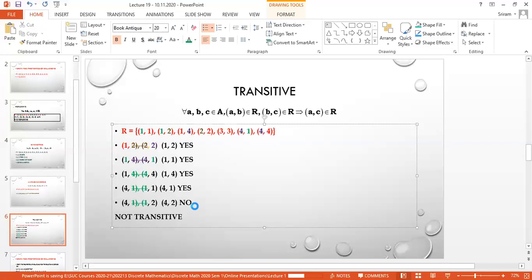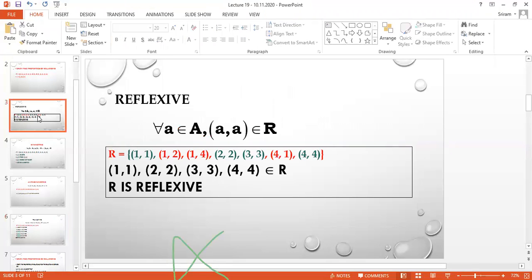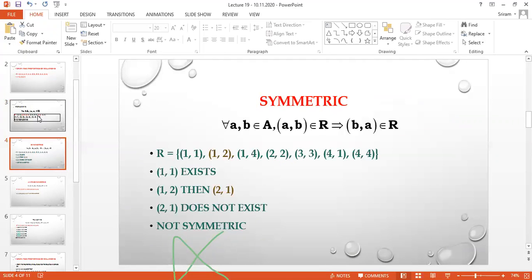So the basic idea, you have to remember the general principle, the rules. We are having 4 rules. One is reflexive, where A, A belongs to R. When I take one pair, I should have the similar pair in the set, which is called reflexive. In the same idea, we are going to check symmetric. If I have A, B, I should have the opposite pair B, A. This is called symmetric.